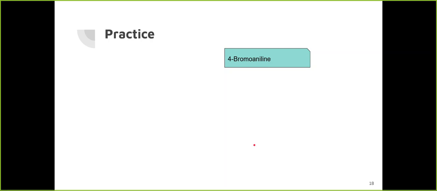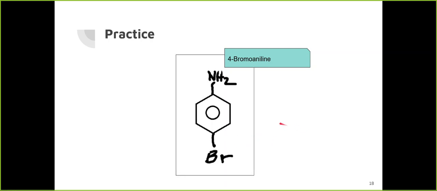All right. So did you get something like this, with my funky H here? This is our aniline part, and then you've got 1, 2, 3, 4. So that's 4-bromoaniline. Good.